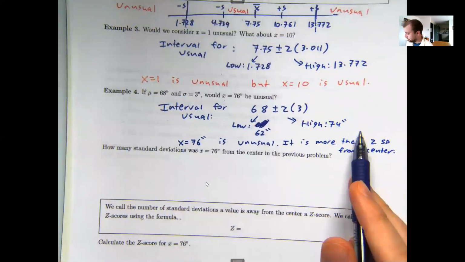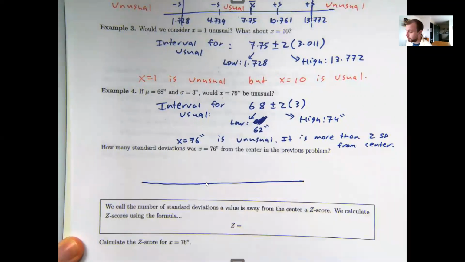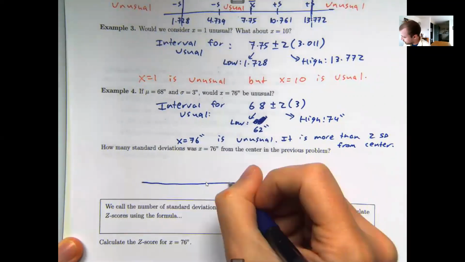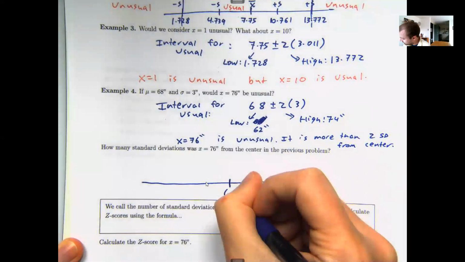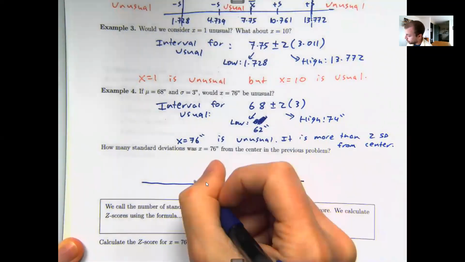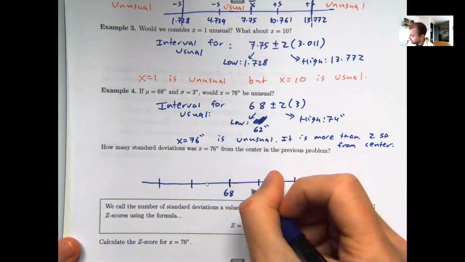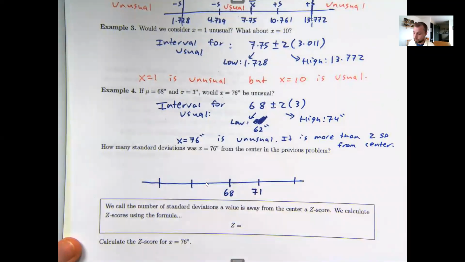Let's draw the picture out. If you're better with the picture, try doing it from the picture. The middle is 68. And I'm adding and subtracting 3. That's the value I'm counting by. That's my standard deviation. 68 plus 3 gives me 71. Plus 3 again gives me 74.